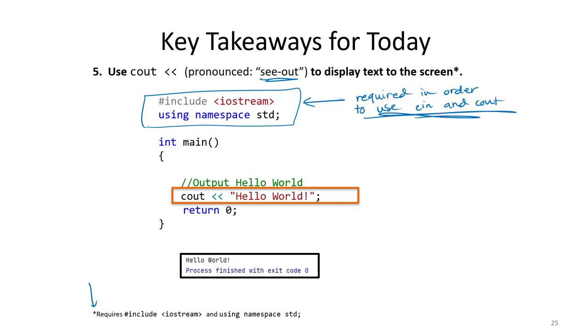So make sure, pretty much for almost every program that you'll write in this class, you need to have include iostream and using namespace std. Notice here in this sample program, you see that we used cout to output hello world.